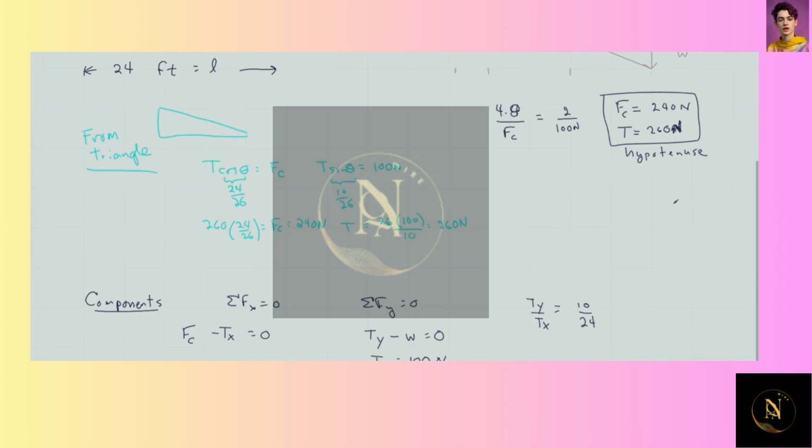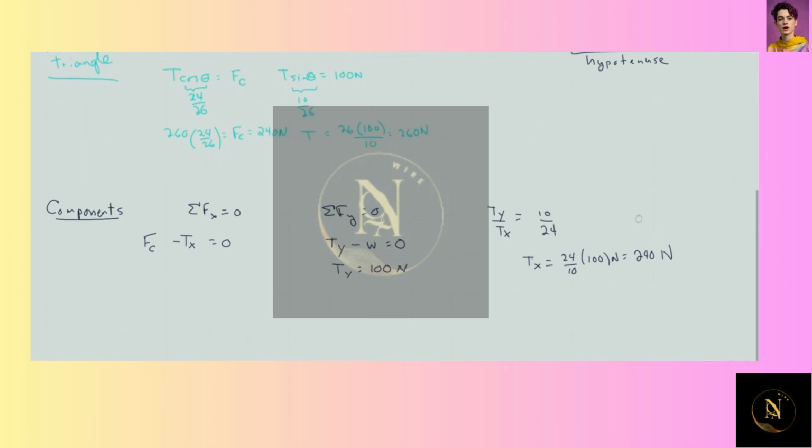Okay, so we can solve for tx. It's 24/10 when we cross multiply times 100 newtons, or 240 newtons. So again, we find that Fc is 240 newtons. No big surprise there.